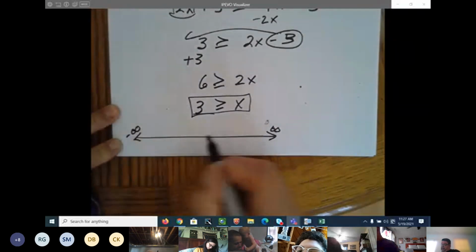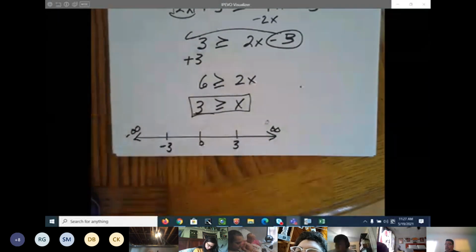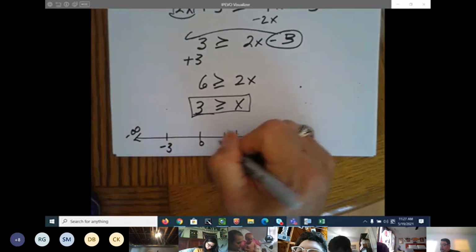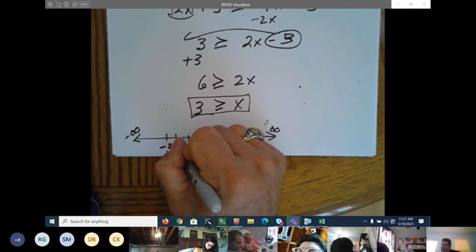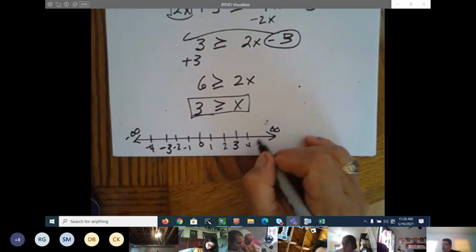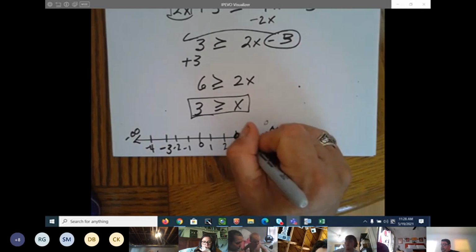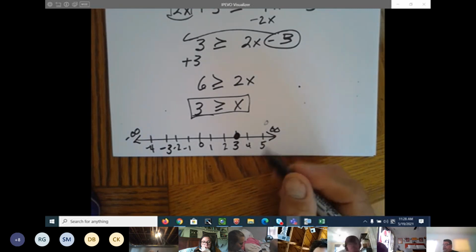This is negative infinity, 0, 3, negative 3. I'm going to put a 2 and a 1, a negative 1, negative 2, negative 4. I'm doing this for a reason. 4, 5. And where is 3? Well, 3 is right here. What whole numbers are less than 3?